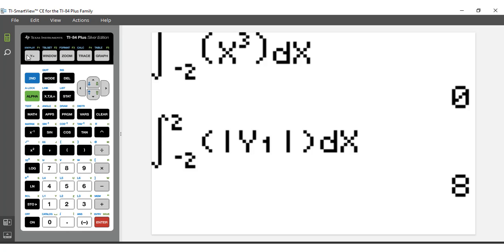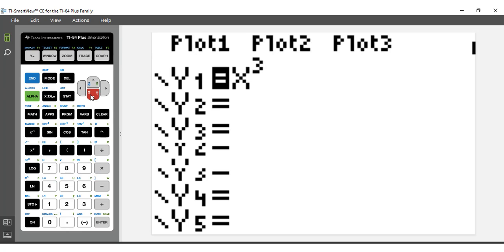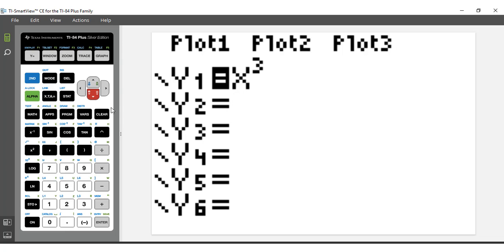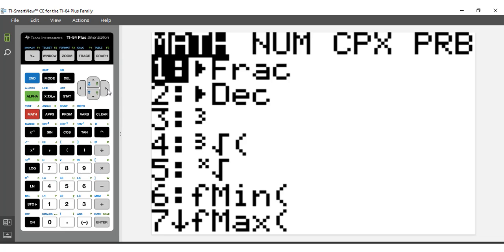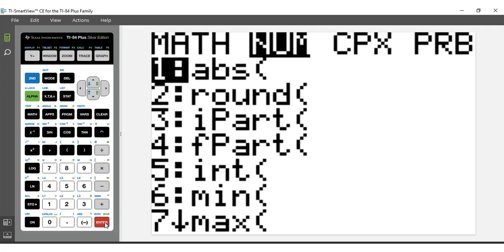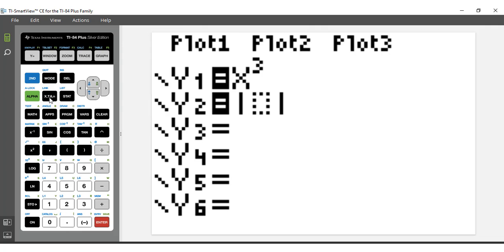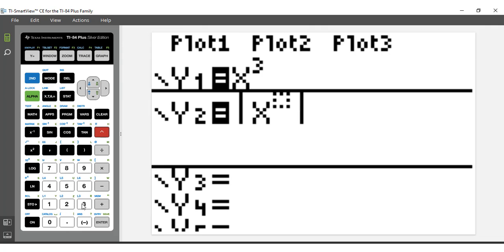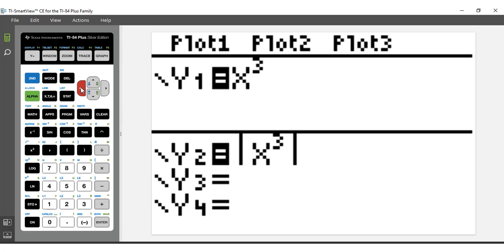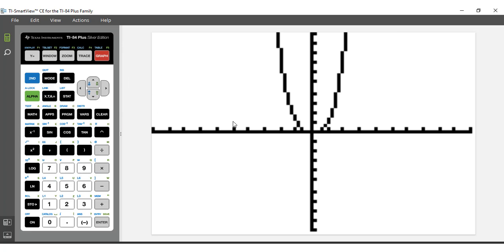For the graph part, let me put here Math, Num, absolute value, then x to the third power. I will unhighlight this equal sign so that the graph will only draw the y2 graph.